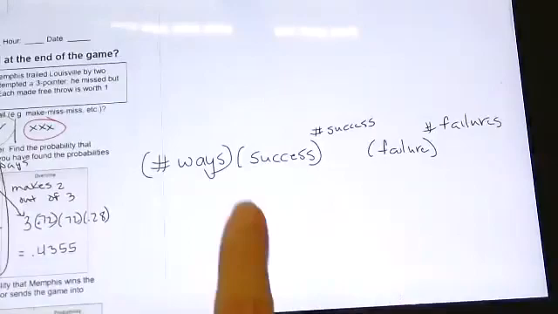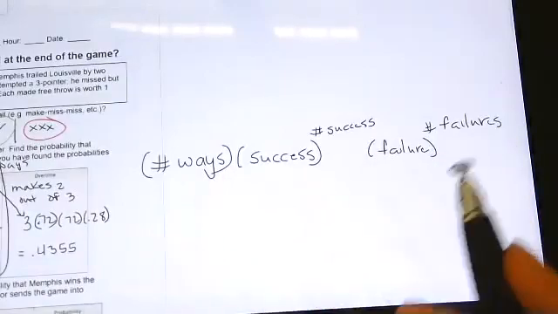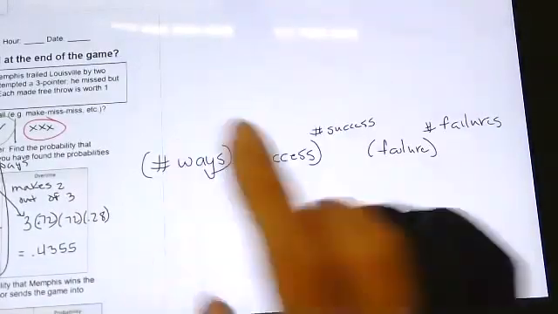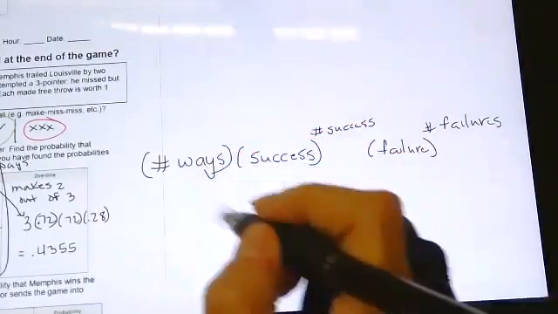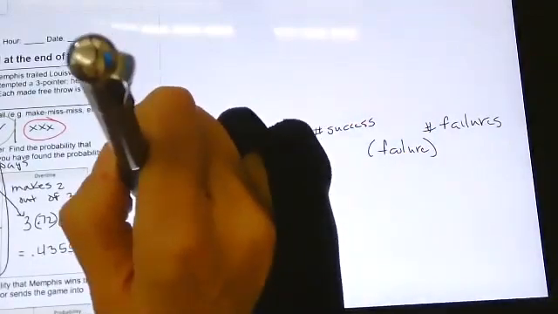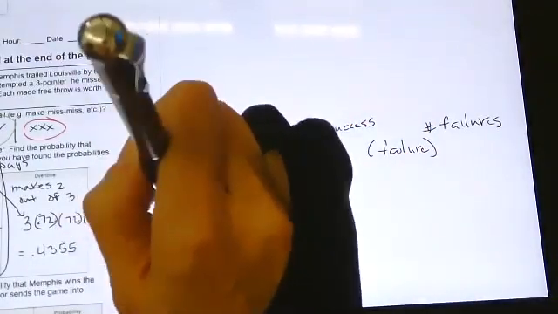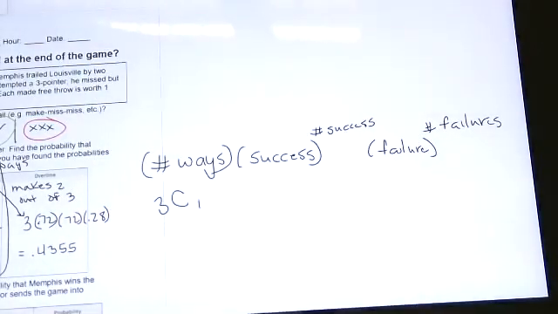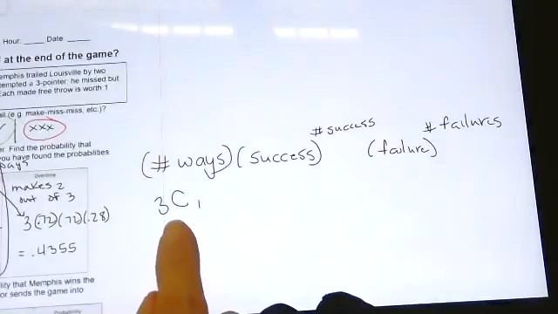Okay, now mathematically, because you're not going to want to write that down, we find the number of ways by doing a combination. For example, 3 choose 1. That's the number of ways to make 1 basket out of 3. So my question to you guys, have you ever seen that before? Combination.